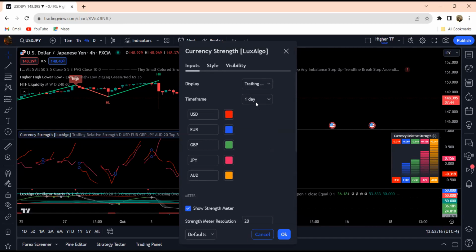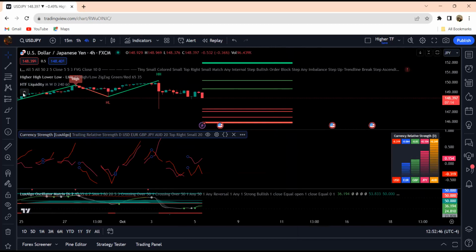Like I said, I keep it on daily. It will adjust a little bit depending on what time frame you're on, but I found just keeping it on the daily, especially on my higher time frame analysis chart, kind of keeps me honest as far as how the currencies individually are tracking in strength for the day. That's very important, especially when I'm looking at slightly bigger trade setups.